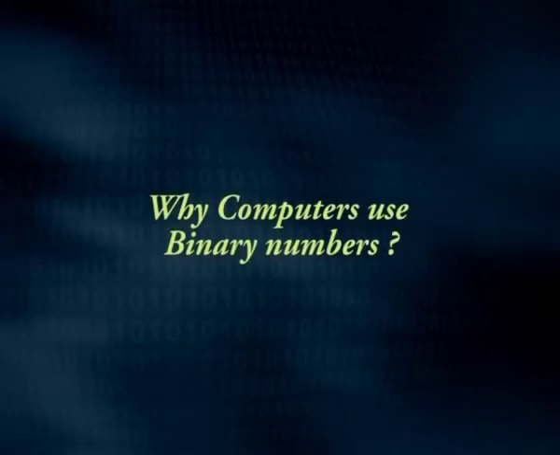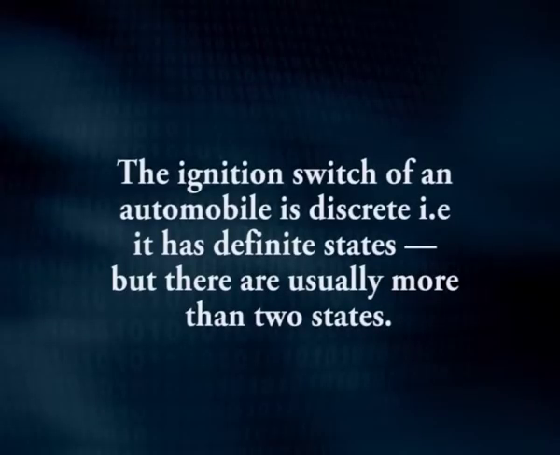Now the question is, why do computers use binary numbers? This can be explained with the example of an ignition switch. The ignition switch of an automobile is discrete, that is, it has definite states. But there are usually more than two states, like the vehicle can be in off state or in a running state or is still accelerating.